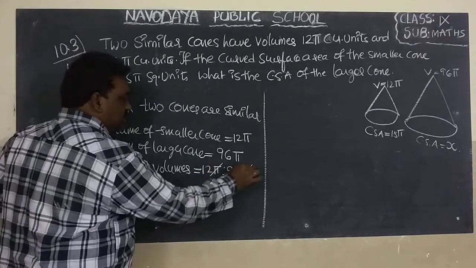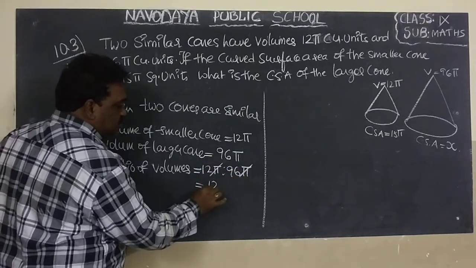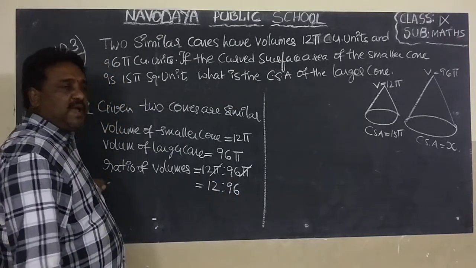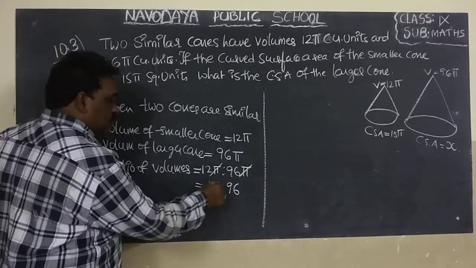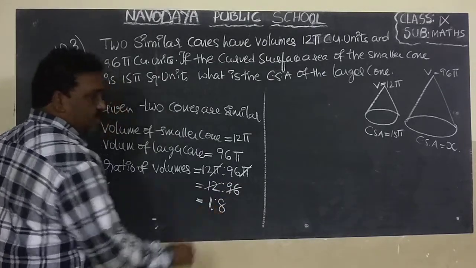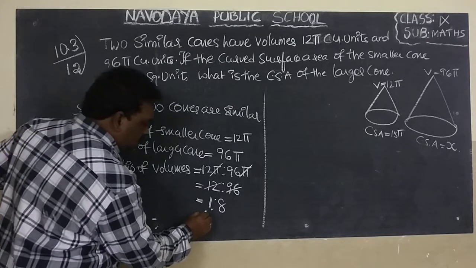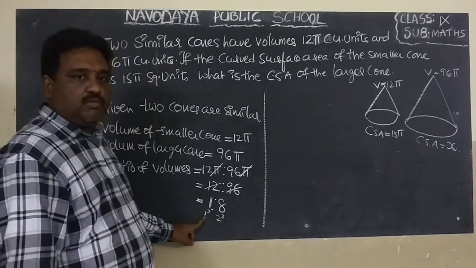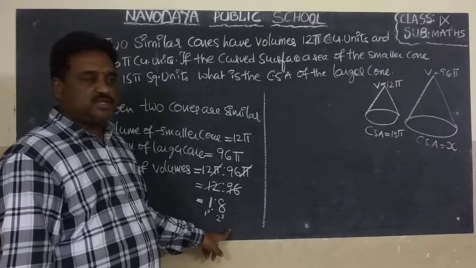Pi cancels. What is left? 12 is to 96. Then 12 table cancel, 1 is to 8. 1 is to 8 means like 1 cube, 2 cube. R1, 1, R2, 2 like that.